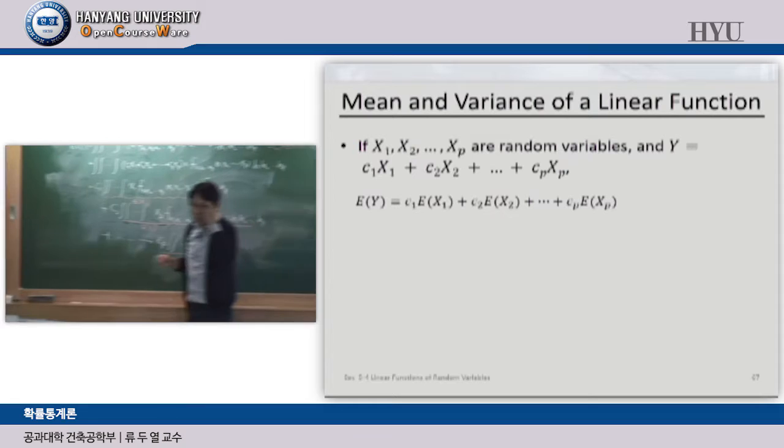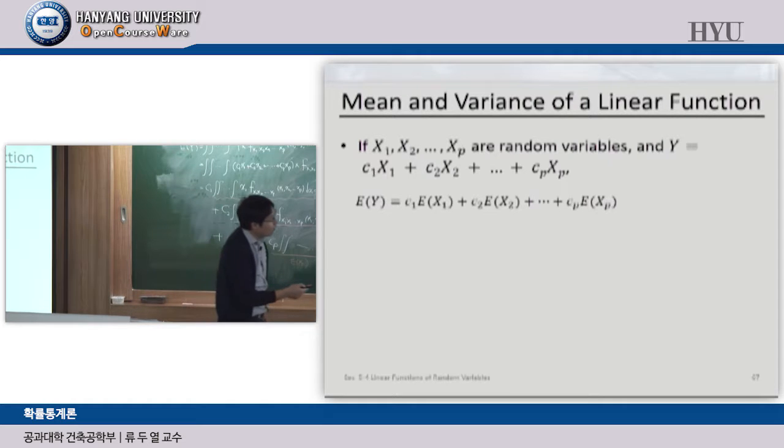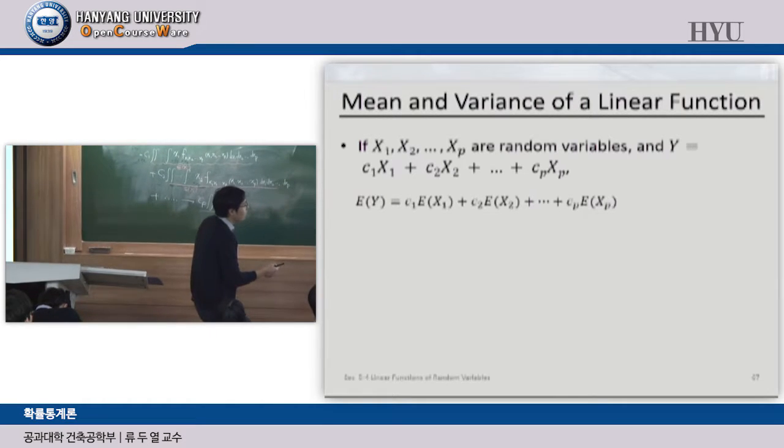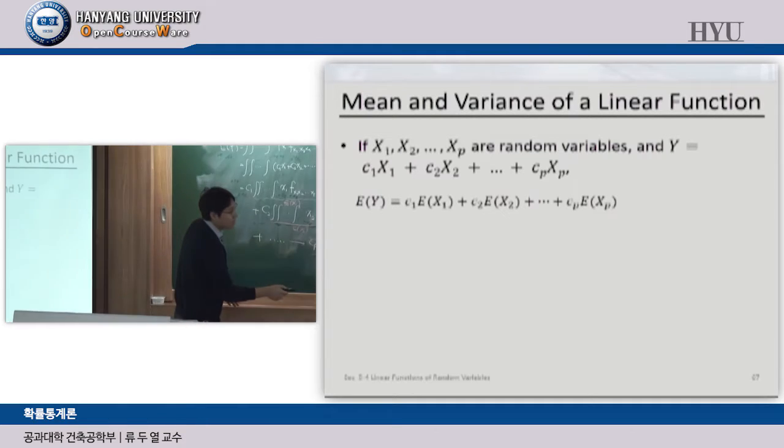So for the mean of y, when y is a linear relationship of x1, x2, up to xp, E[Y] is equal to C1 E[X1] plus C2 E[X2] plus up to Cp E[Xp]. So this can be calculated by this equation.